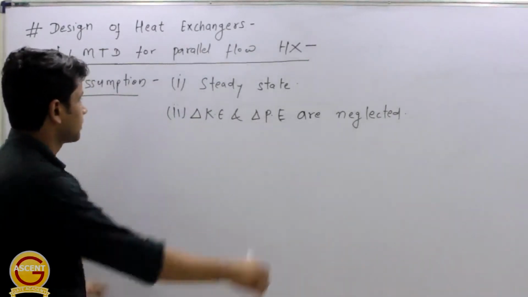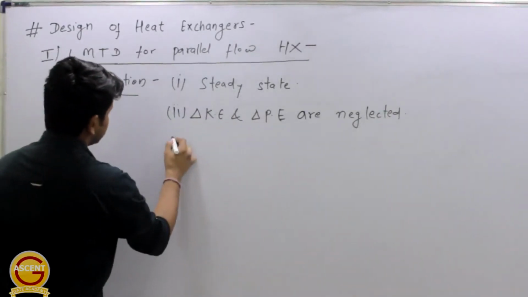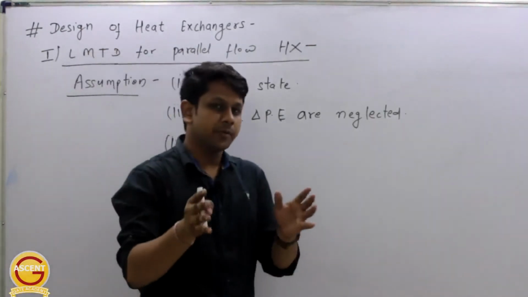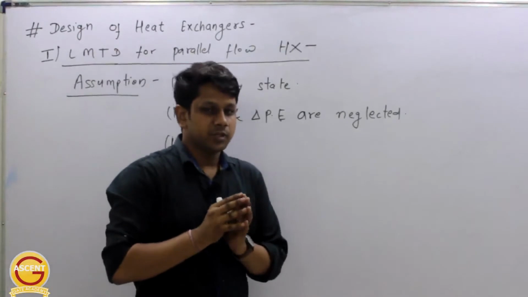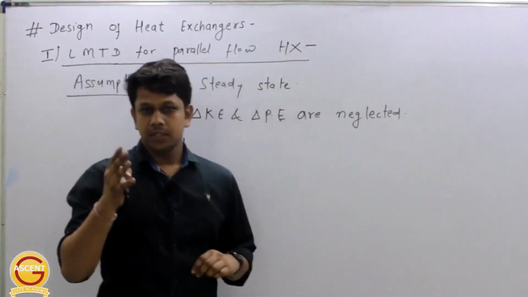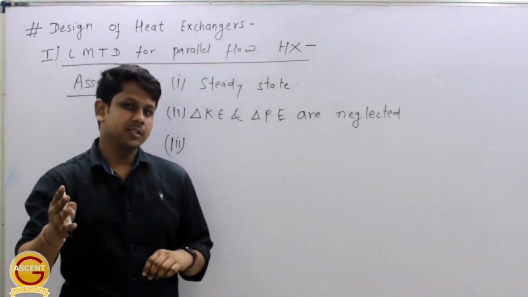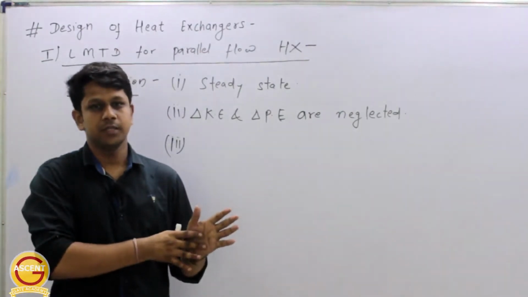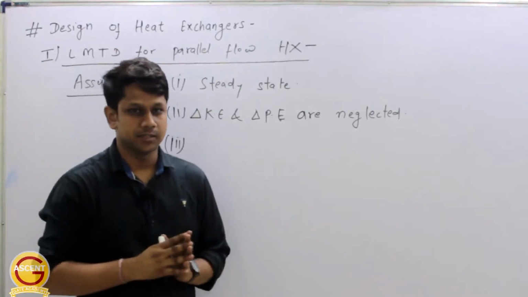Third assumption is that heat exchange is occurring only between the two fluids, right? So there is no heat loss. Let's say the hot fluid is rejecting heat, then all of the heat is going to the cold fluid. No heat is lost to the surroundings.